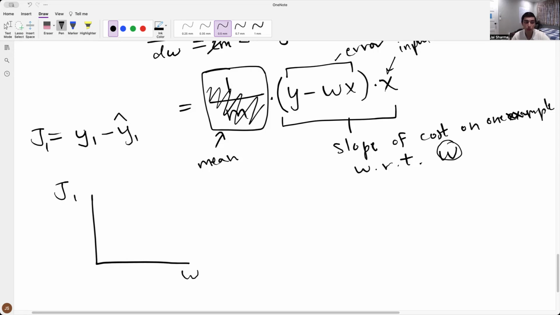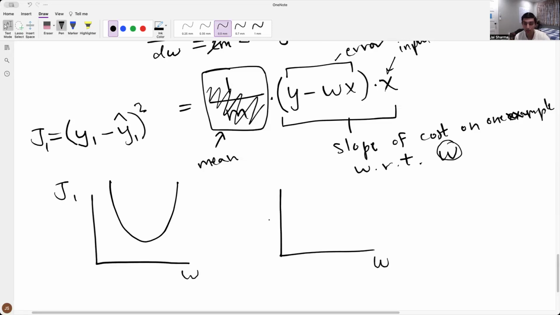Our prediction, so the real value for the first example and the prediction for what we're trying to predict for the first example, subtract them and then square it. So this would be J1, right? And let's say that this is something like this, right? And let's say that similarly, there's a J2 for the second example, right?